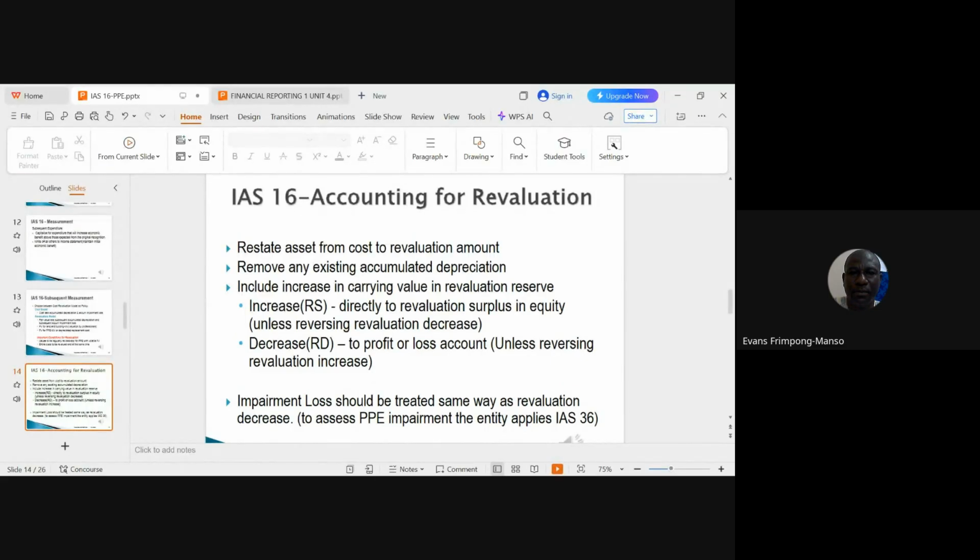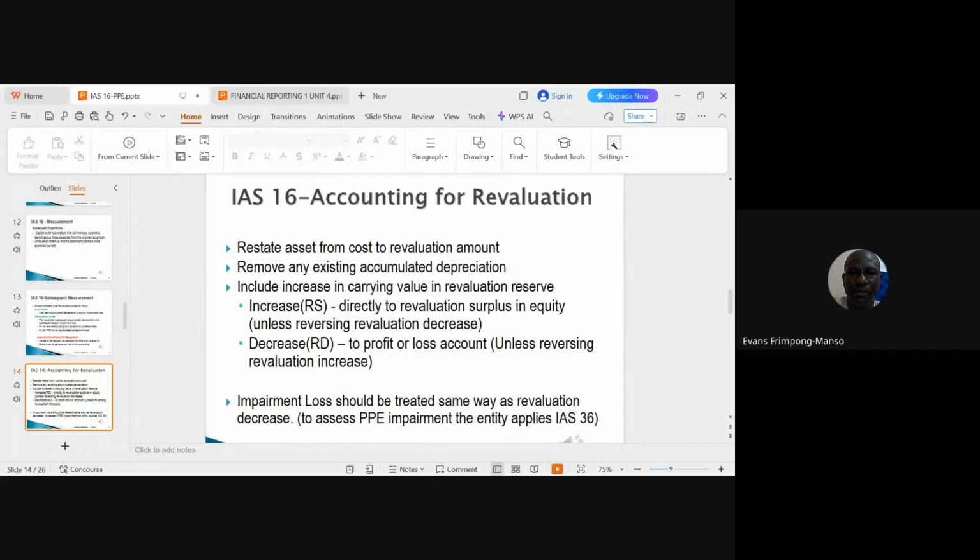How do we talk about revaluation? How do we revalue the asset? When you say the asset has been revalued, what does it mean? Now, an asset is revalued when we have a new value which is different from the value that is shown on the financial statement.